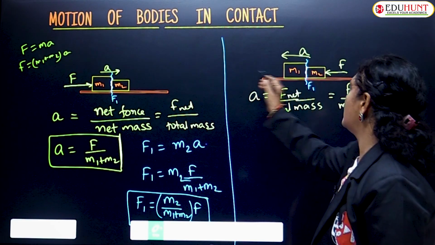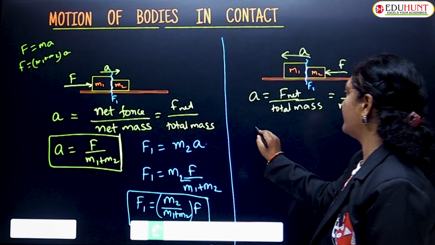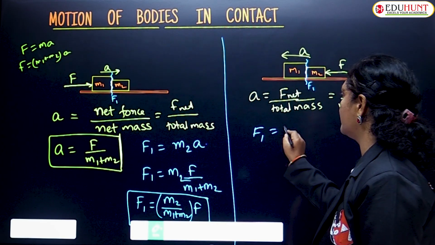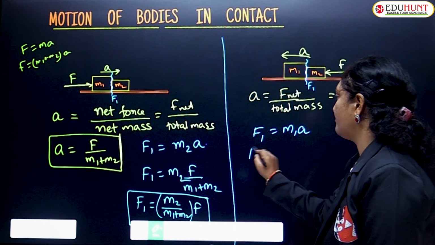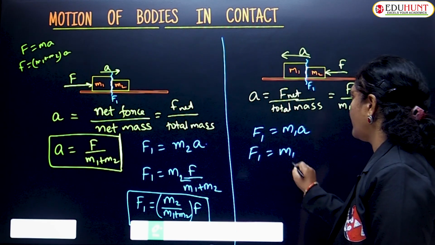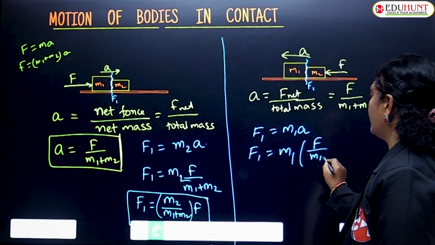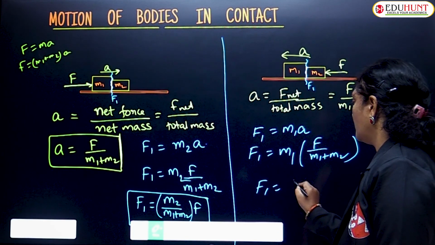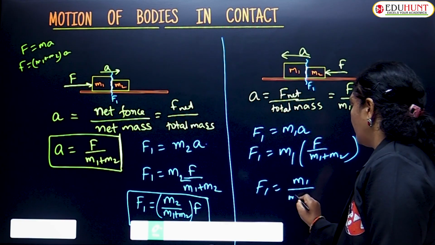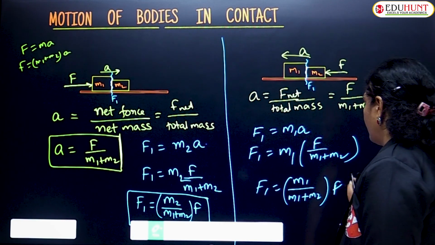Because of this contacting force F1, this block m1 also starts moving, and clearly the value of F1 is equal to m1 times a, or F1 is equal to m1 times the acceleration, whose value is F by m1 plus m2, or F1 is found to be m1 by m1 plus m2 into F.